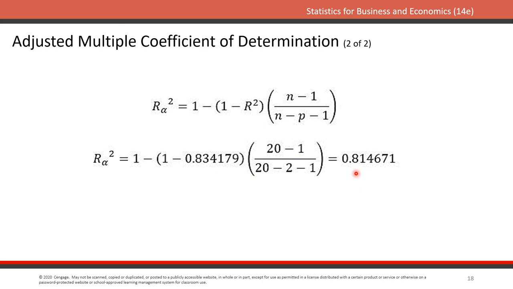What's interesting about this is if you add something like the variable I mentioned earlier, this pretty bizarre out of nowhere variable that really doesn't relate to anything, instead of continuing to go up every time, this adjusted R squared will actually decrease slightly to indicate that you're really explaining less variability with this new independent variable that you have.